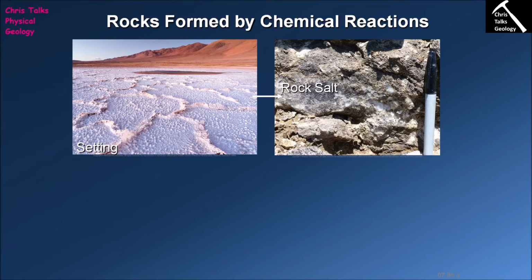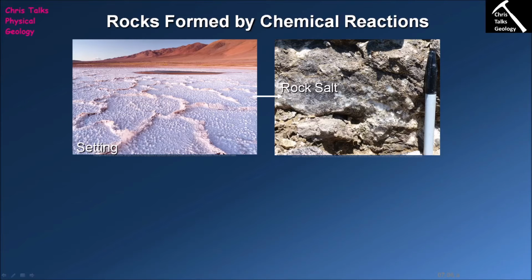As more and more of the water evaporates away, eventually you get to a point where the minerals will precipitate out of the water and onto the floor of the lake or the sea. We can see this in the form of this salt flat here. This was an area that was once covered by water. That water evaporated away, and the salt which was dissolved in it got left behind.